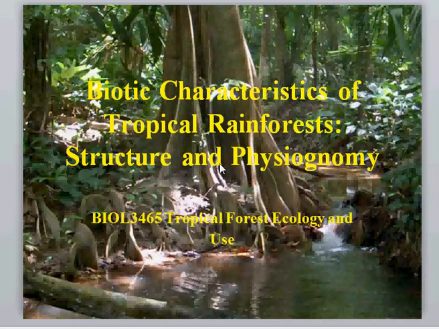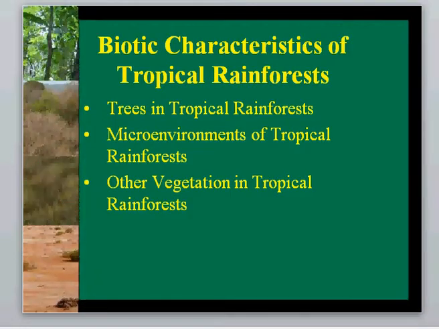So in this lecture we will be looking at trees in tropical rainforests, because trees are the main structural component of a tropical rainforest. When you walk into a tropical rainforest, what do you see? Trees, loads of trees.